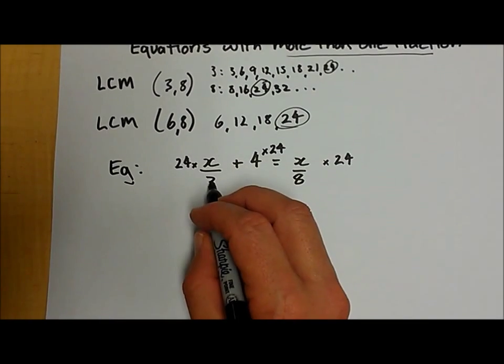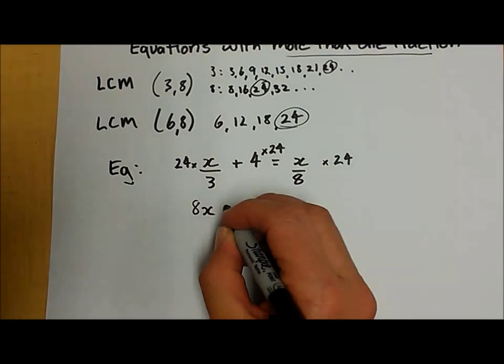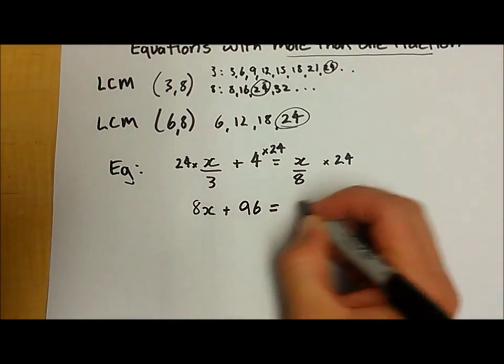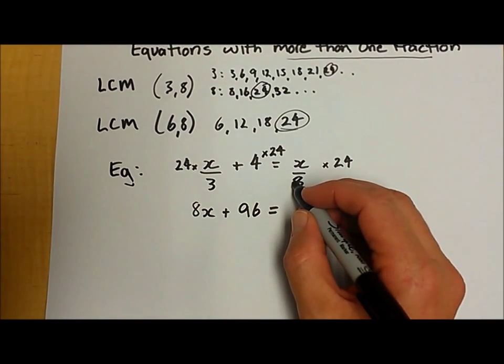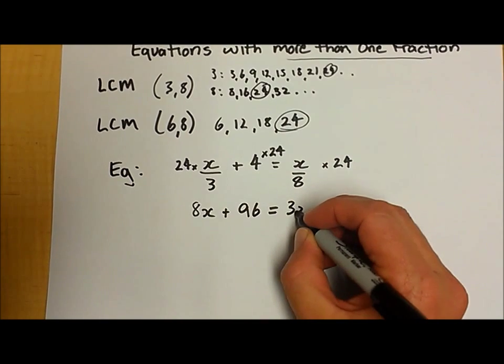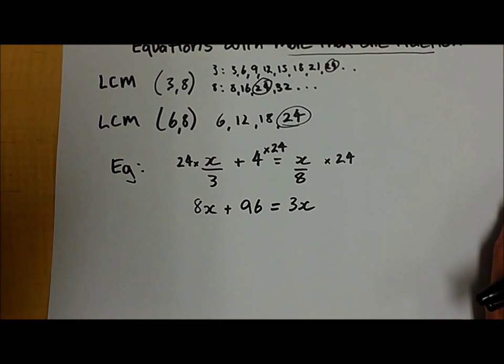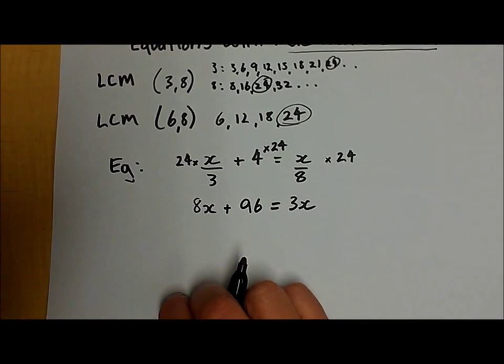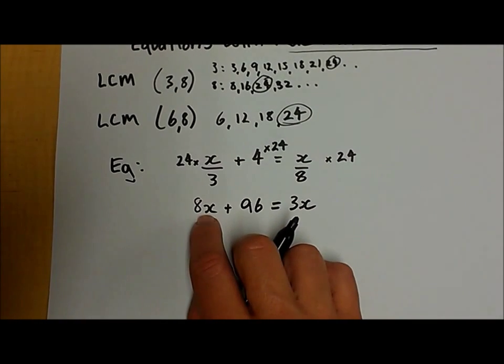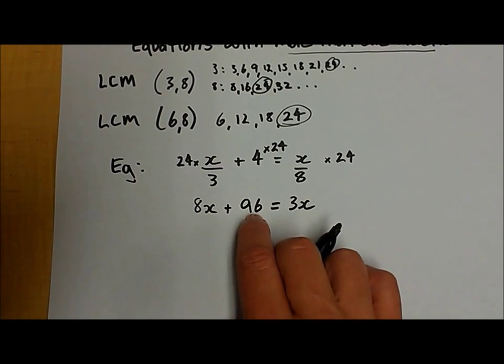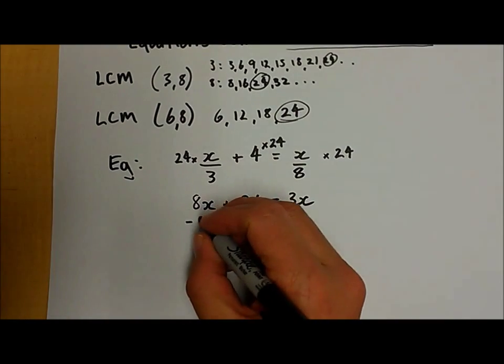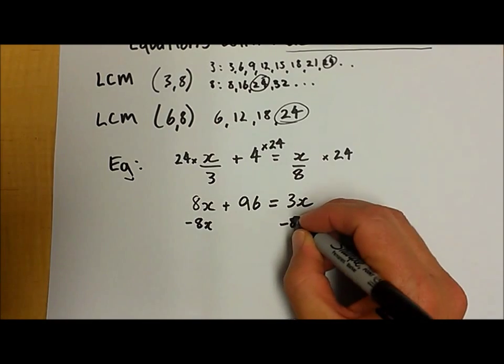So 24 divided by 3 is 8. I get 8x plus 96 is equal to 24 divided by 8 is 3, so 3x. By now we should be quite comfortable with these types of equations, pronumerals on both sides. Normally I'd say bring the smallest to the largest, but because this has just got one number, no other numbers, I'm actually going to go minus 8x and minus 8x.